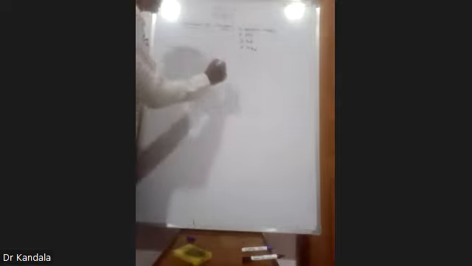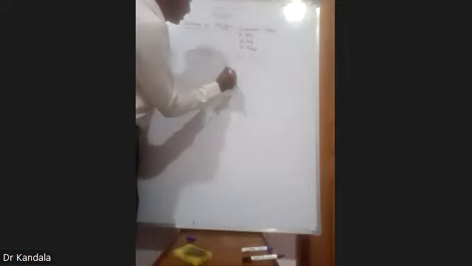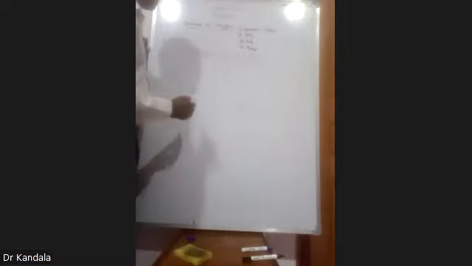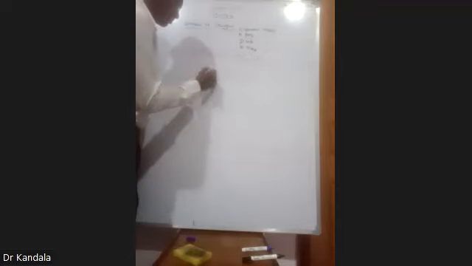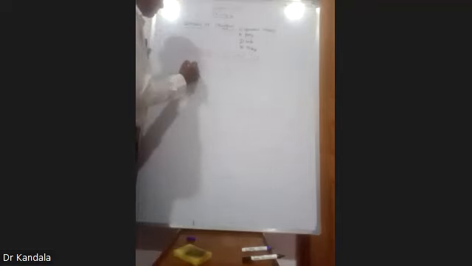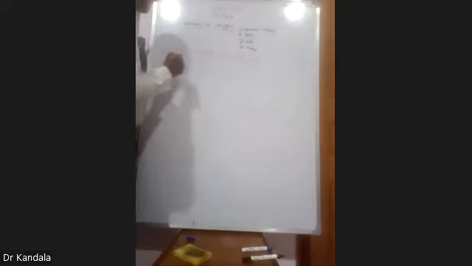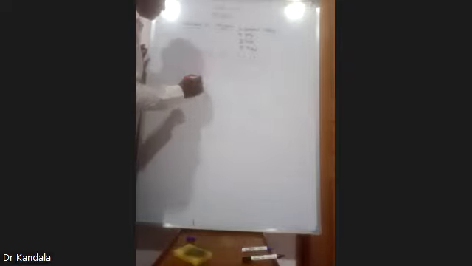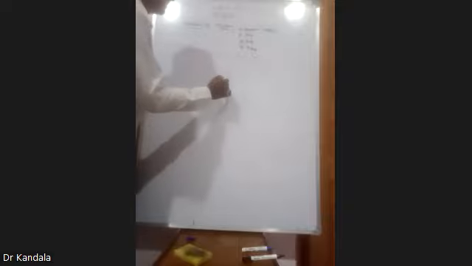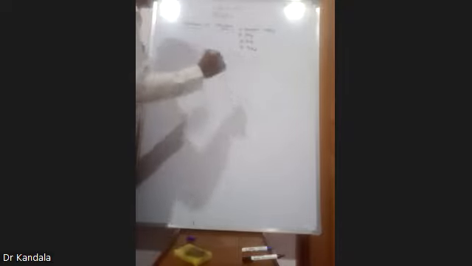In these superoxides, there exists the superoxide ion, that is called O2 minus ion. In peroxides, the O2 2 minus ion. In oxides, the O 2 minus ion exists. So here the oxidation state is -2, here -1, here -1/2.